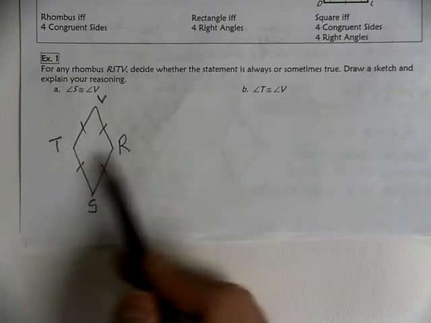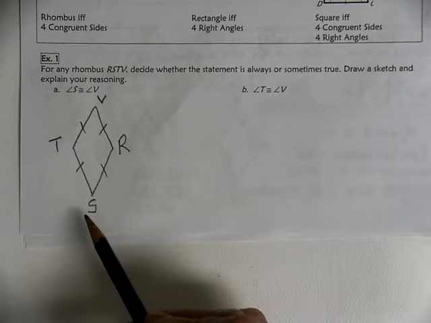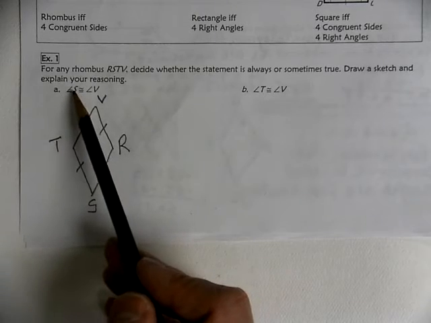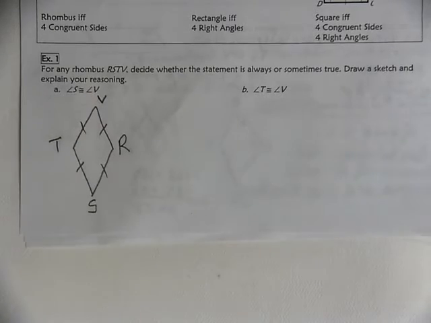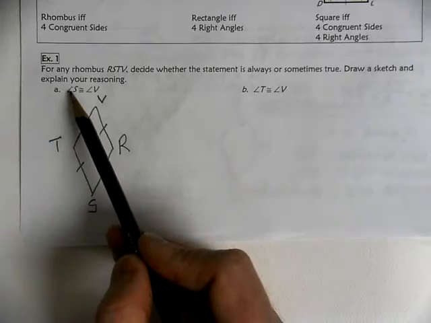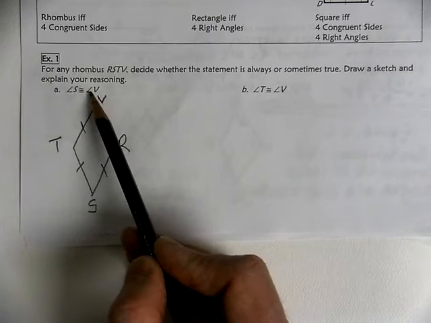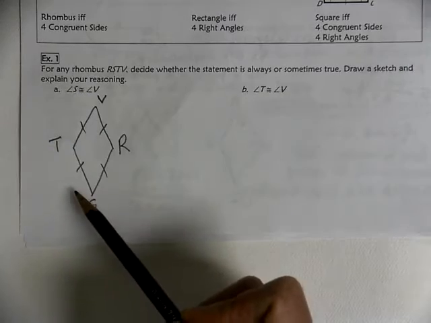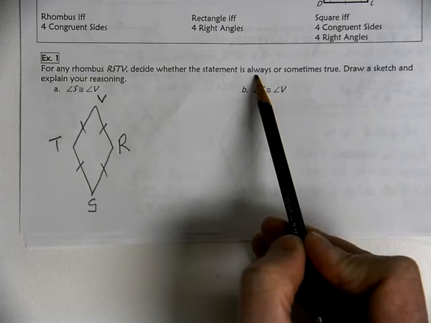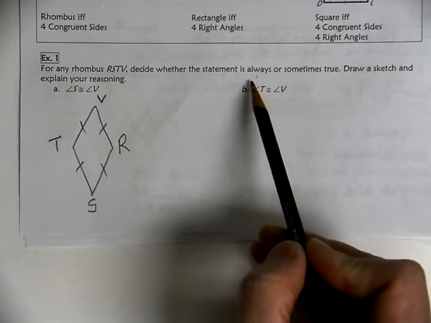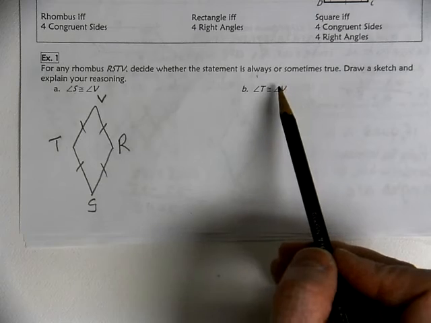But you cannot crisscross the shape. So they want to know about S and V. Is angle S congruent to angle V? Does that always happen? Or does that only sometimes happen?